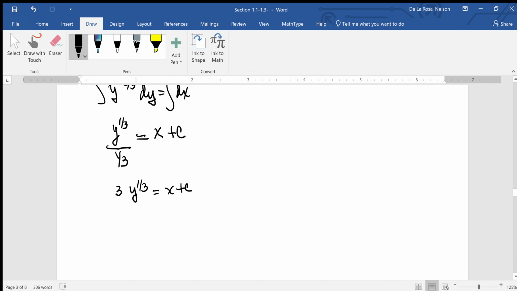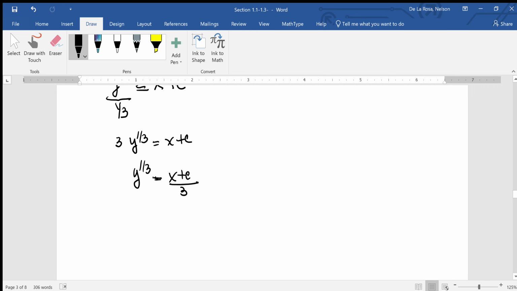And then isolating y, we have y to the 1/3 equals (x plus c) divided by 3, so y equals ((x plus c) divided by 3) to the third.